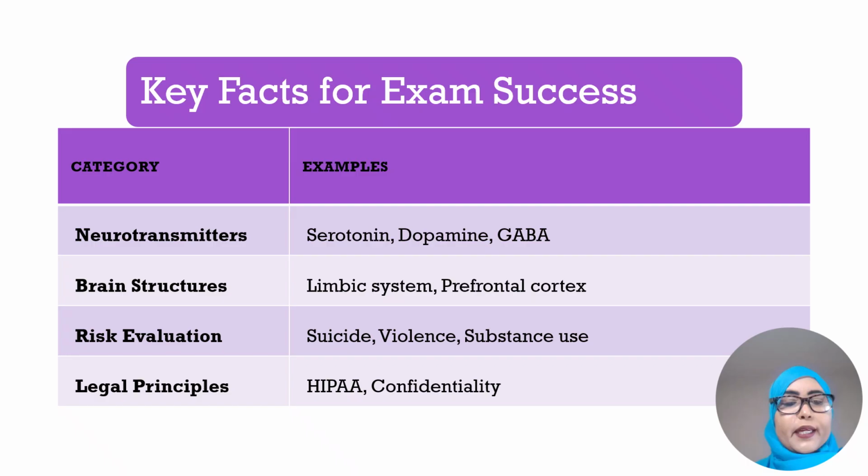Risk evaluation includes suicidal ideation, violence, substance abuse, legal principles, HIPAA, confidentiality, informed consent. Those are the key factors for the exam. Each of them we are going to study and go over in details.